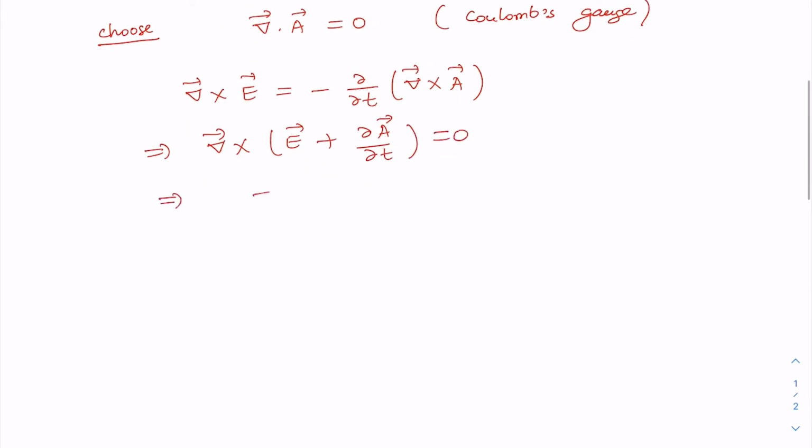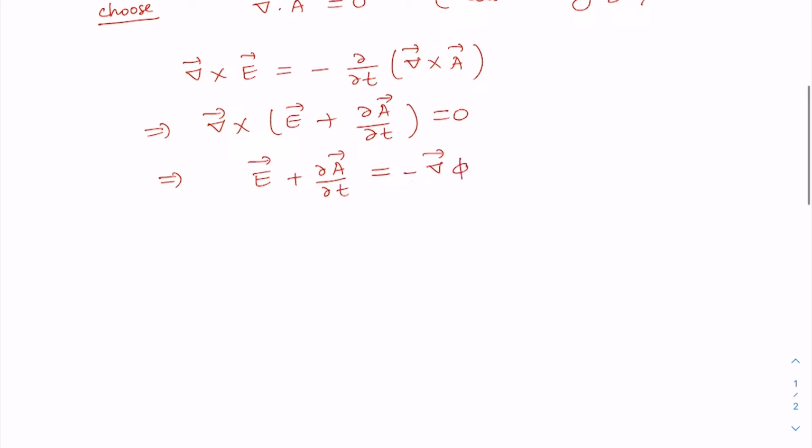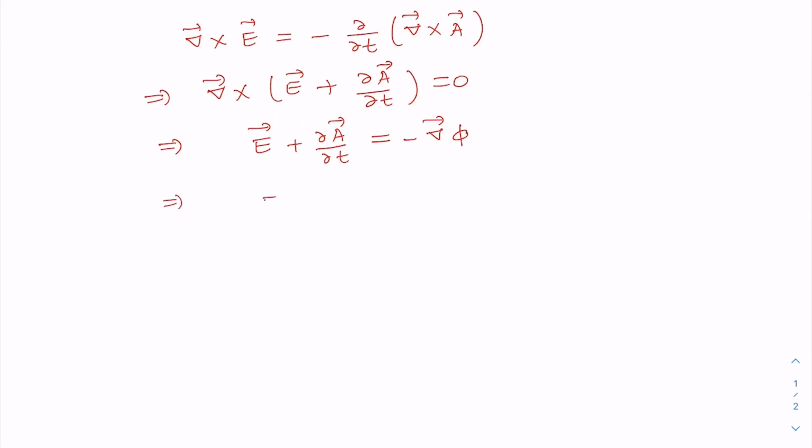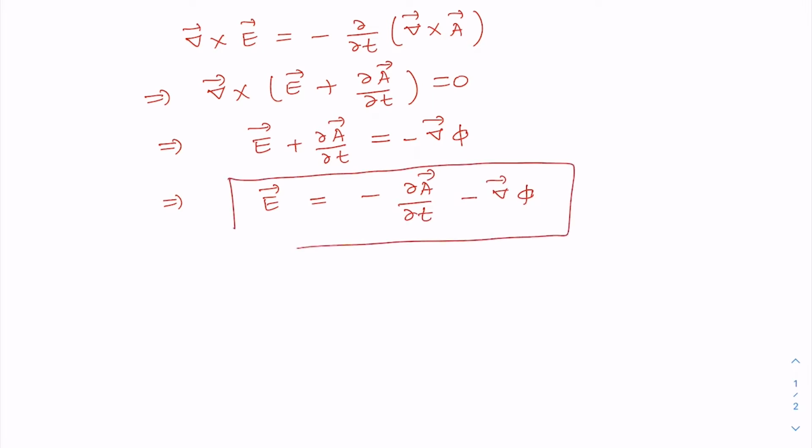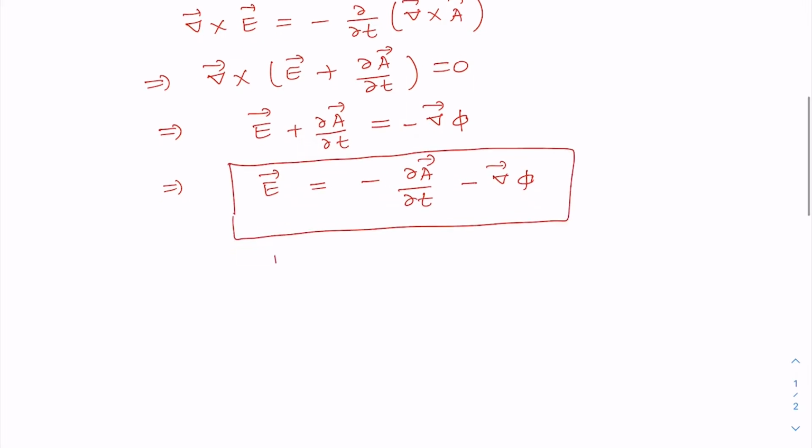Therefore I can write E plus del A by del t to be some scalar quantity, say minus gradient of phi. Therefore I can express the electric field as minus del A by del t minus gradient of this scalar potential phi. So the electric field I can express like this, and for the magnetic field B I have curl of A.